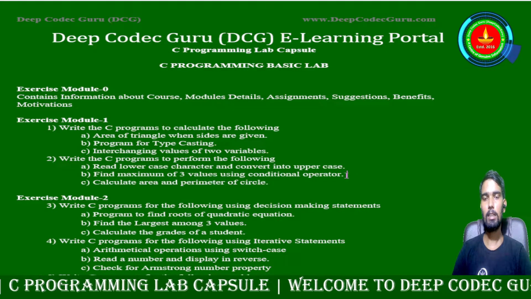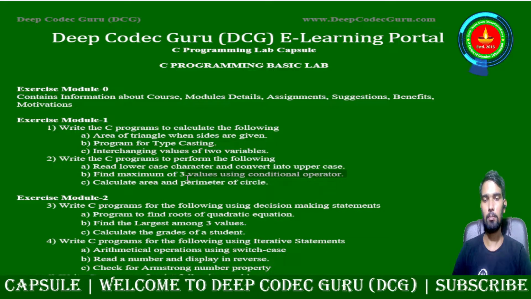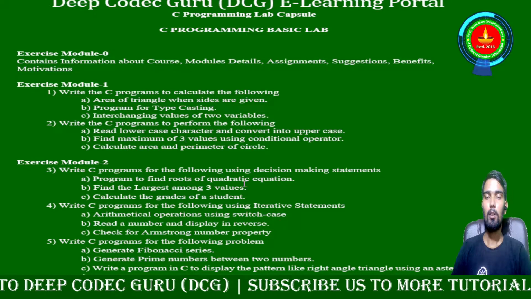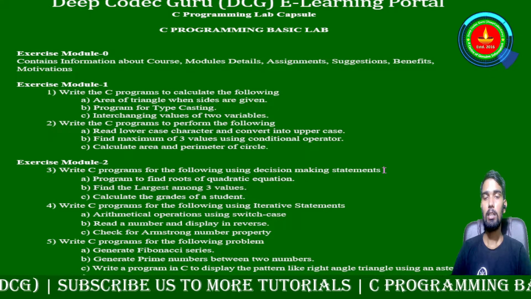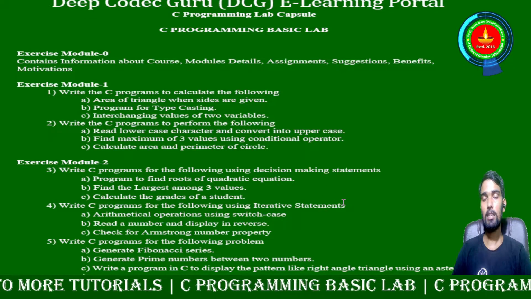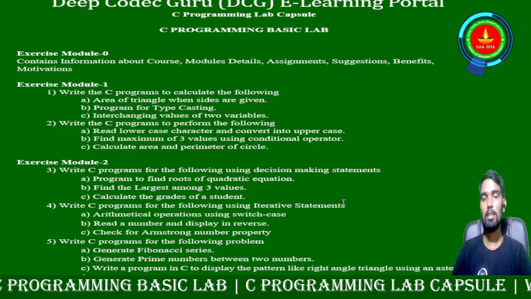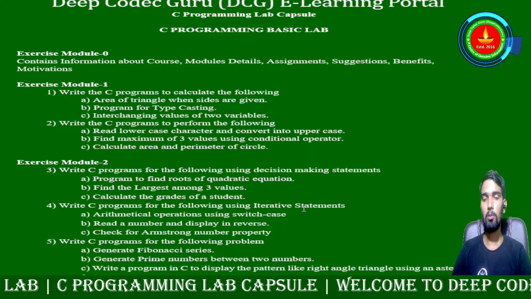There are different types of operators, and from those we used the conditional operator. Now in module 2 we have to find the largest among three values using decision making statements. A decision making statement is else if, and we will use that here.